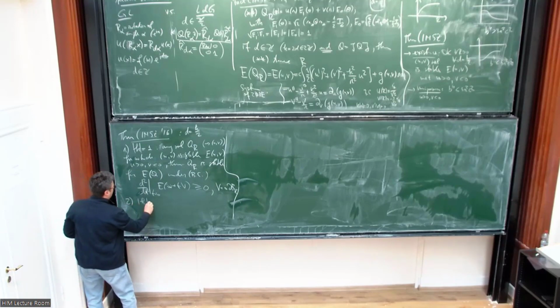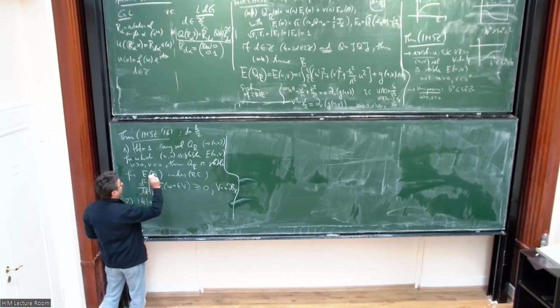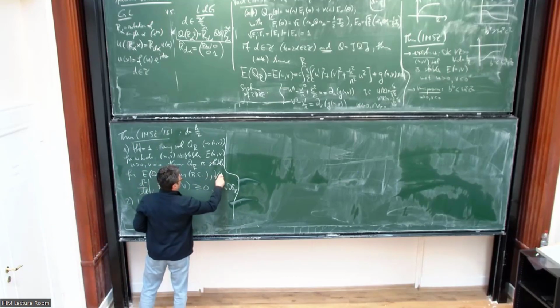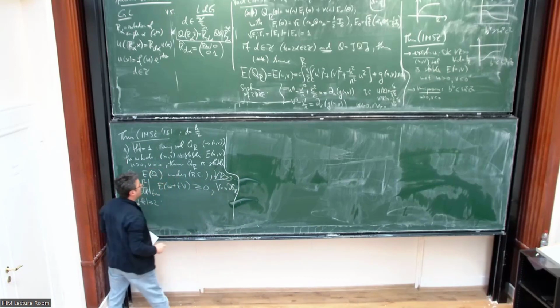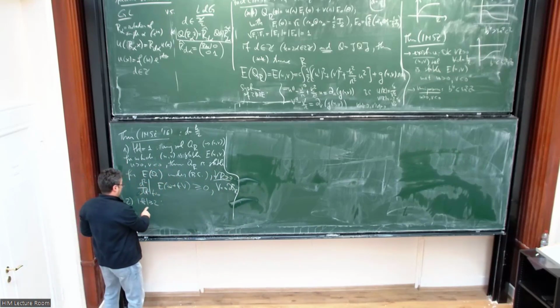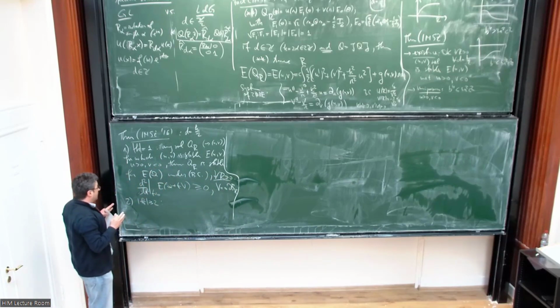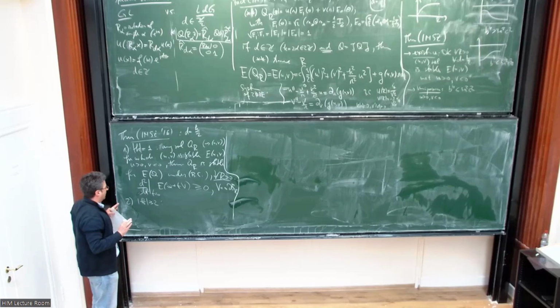And if K is larger than 2, of course for any R, we know that if we are on the small disk, the energy is convex, so you have uniqueness.